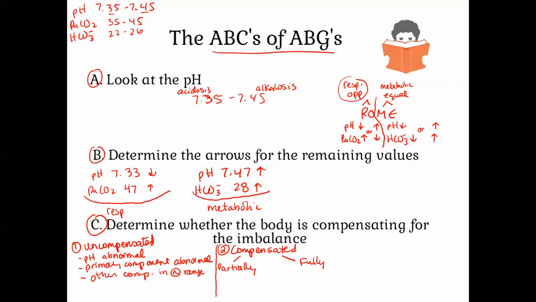In partial compensation, the pH and all other values, so the bicarb and the carbon dioxide, are abnormal, meaning that the lungs or the kidneys have begun to compensate. In fully compensated, the pH has returned to normal, but other values, the bicarb and the carbon dioxide, remain abnormal.